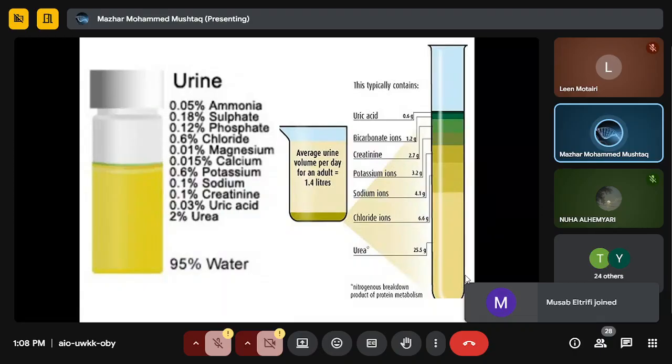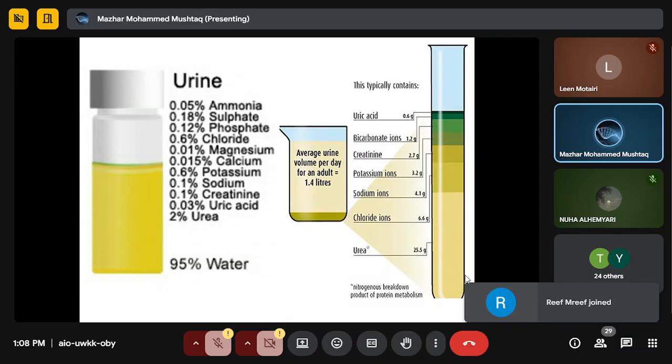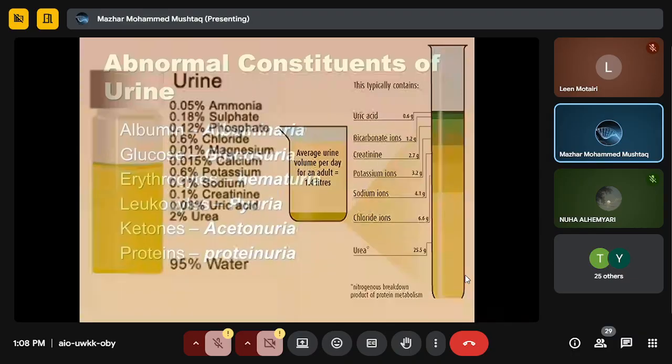You do not have to memorize the percentages or grams, just what is normal and what is abnormal. For example, uric acid is normally present; if it is increased, that indicates some sort of disease. Bicarbonate, creatinine, potassium, sodium, chloride and urea are normal constituents, but if their concentration increases, that would indicate some abnormality.